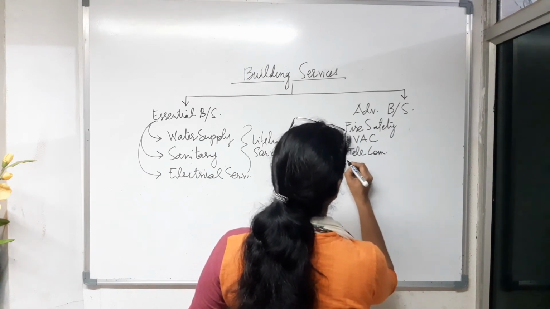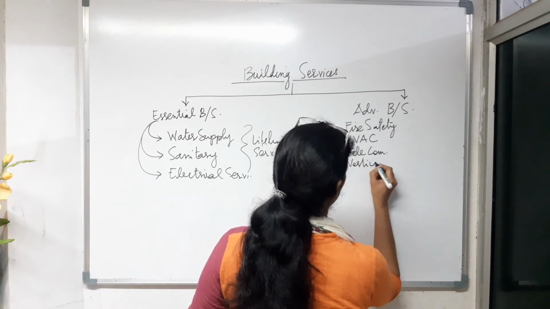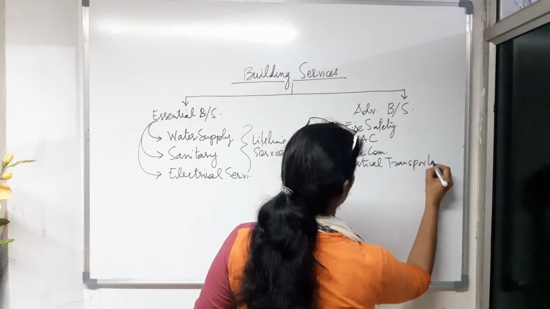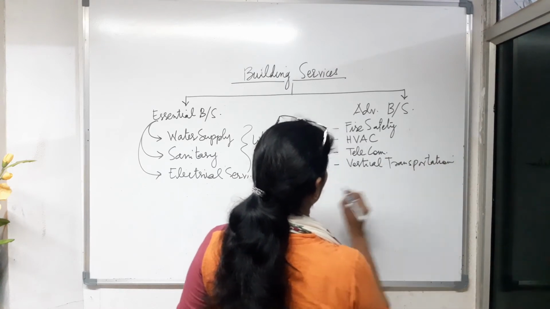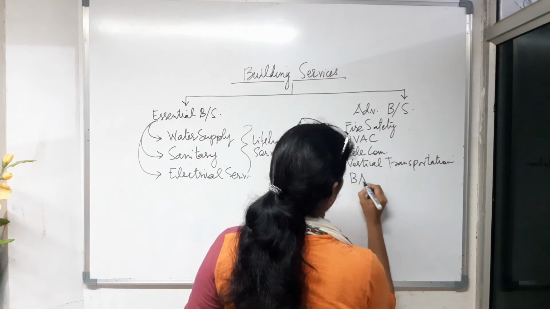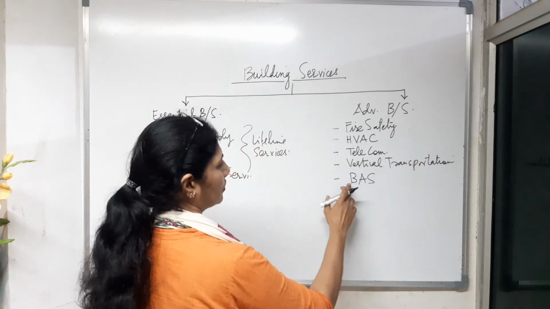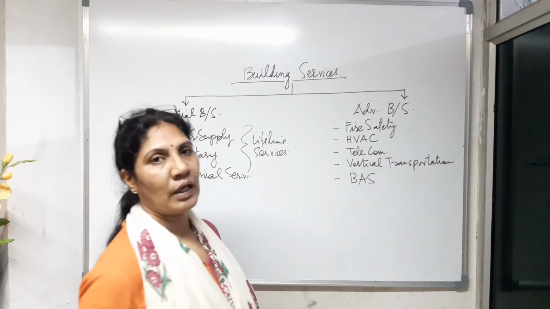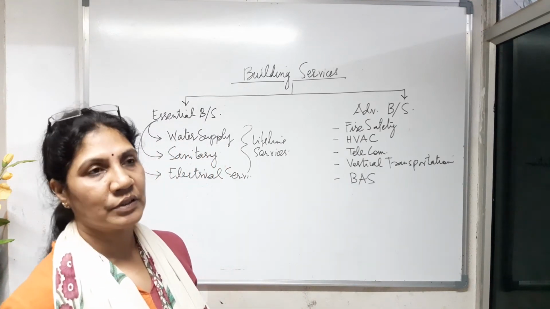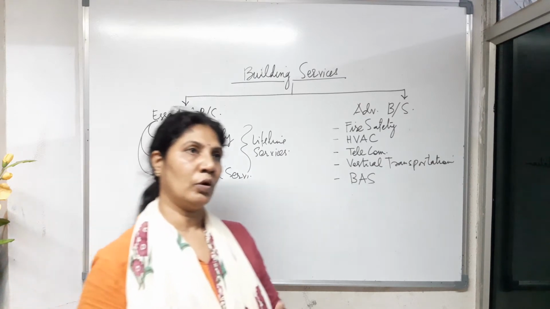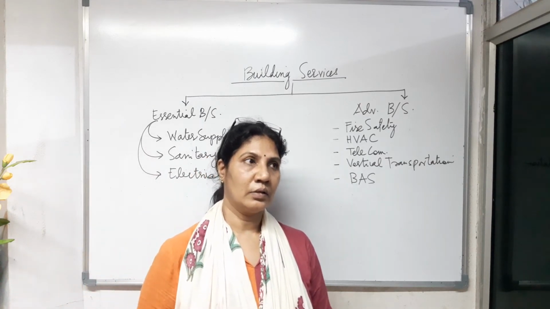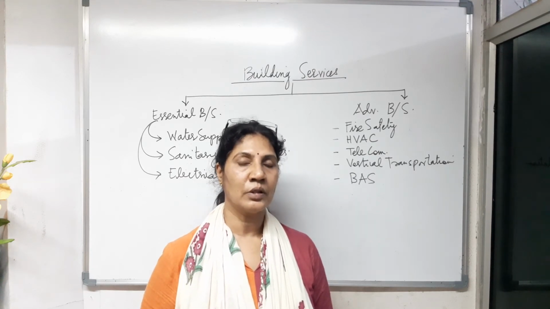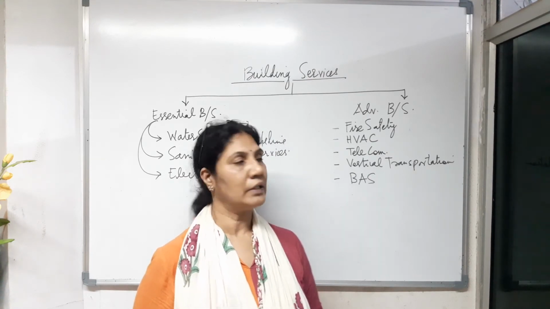We can also talk about vertical transportation services and building automation systems, as in BAS, building automation system, as one of the important services to automatize any functioning of various services that are integrated in building.